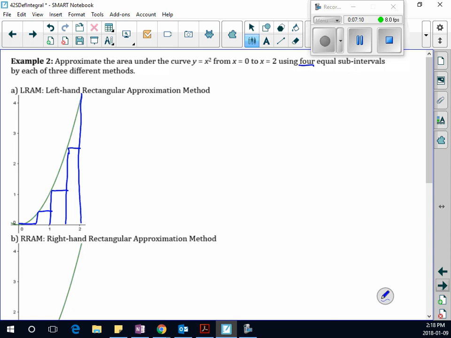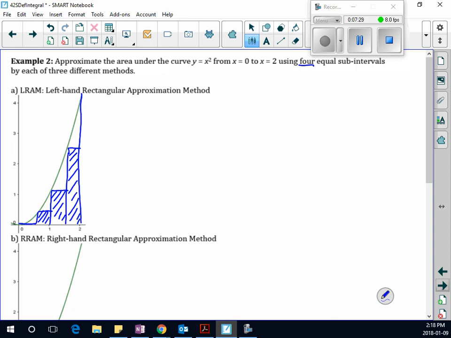So this one, obviously, we're not going to draw, because that would be past 2, right? If you want, I can shade this in so you can see it a little bit better. Okay.